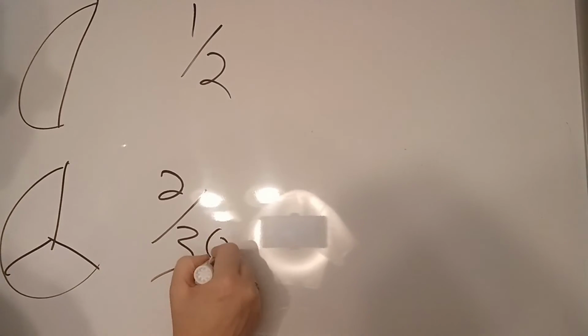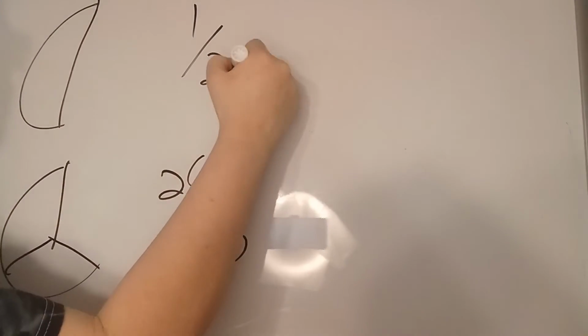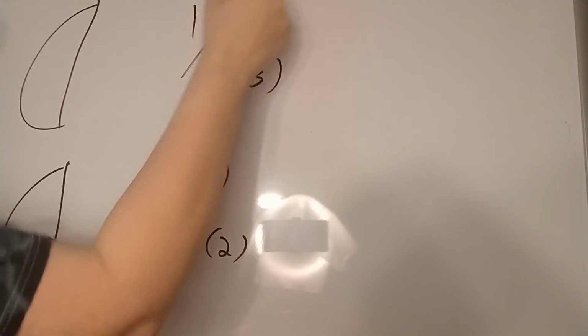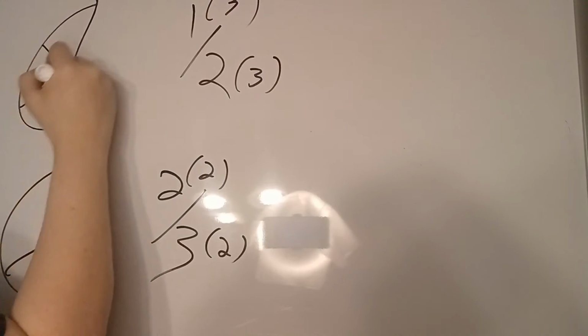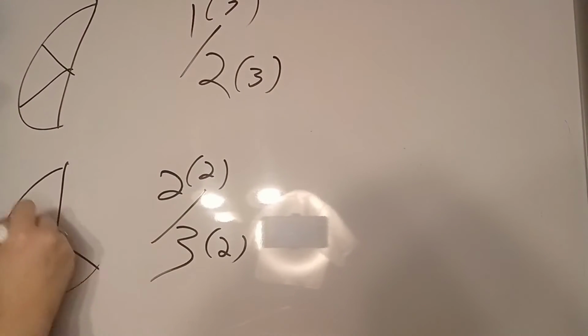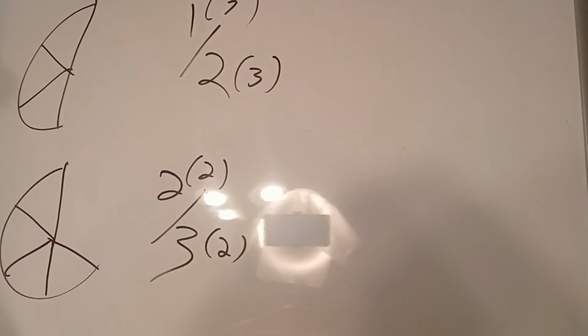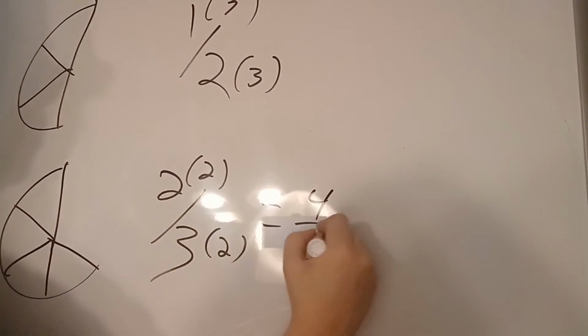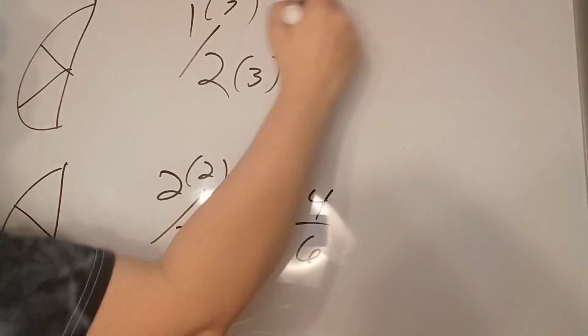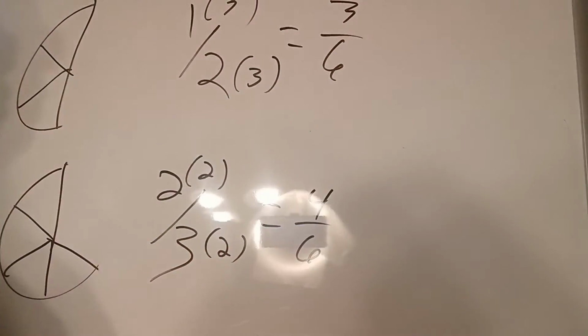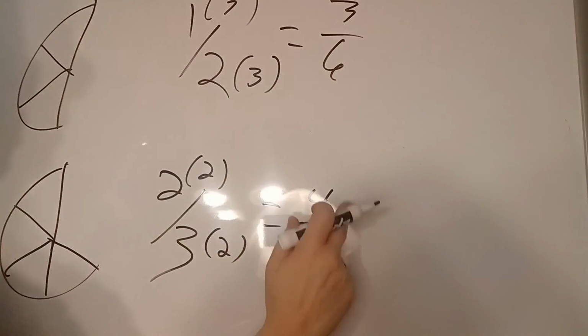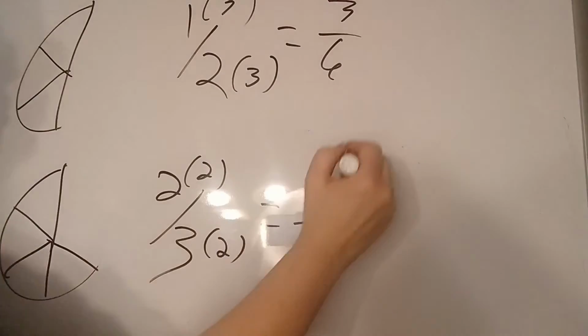So we're going to multiply this by 2 and this by 3. We're cutting this into 3 parts, and we're cutting each of these into 2 parts. So we have 3/6 and 4/6. So we have 7/6.